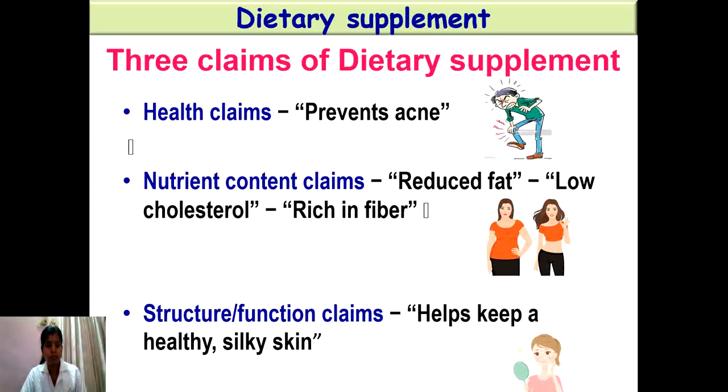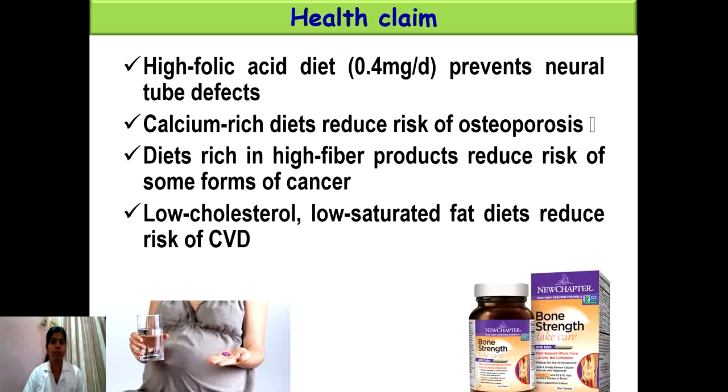And dietary supplements which help to enhance the structure or a function of some parts in our body come under structure or functional claims. We'll see examples for each claim.